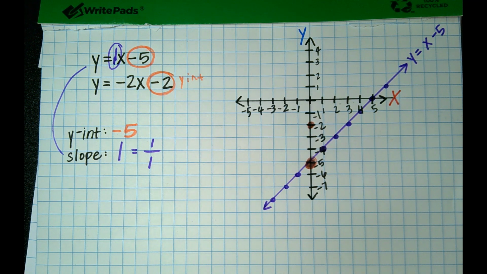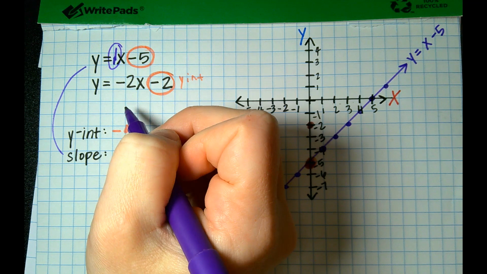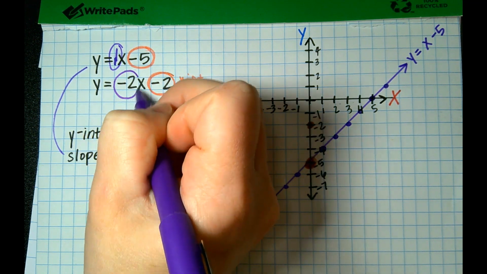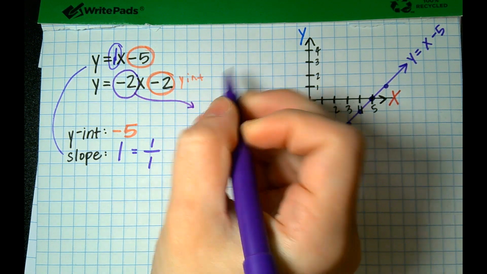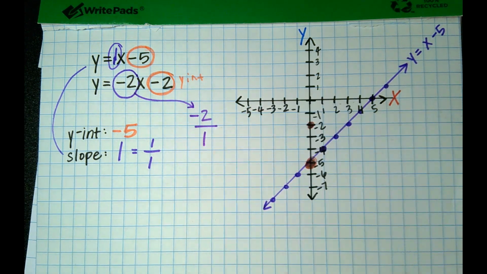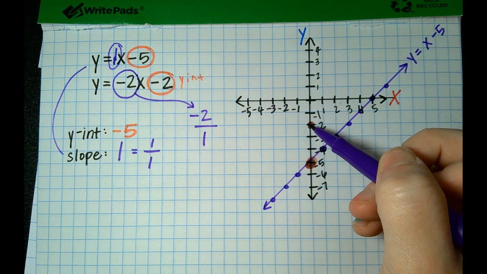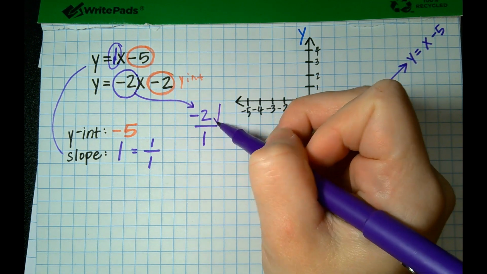Okay, so I've done that. Now what? What is my slope? Negative 2. So what would my rise and my run be? Yes. So from my y-intercept, what way do I go? Down.